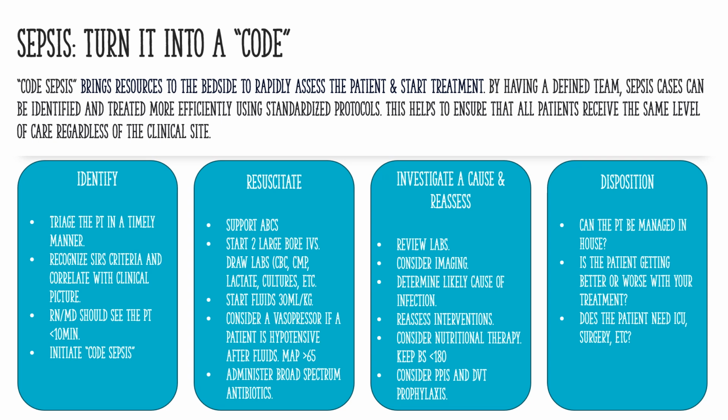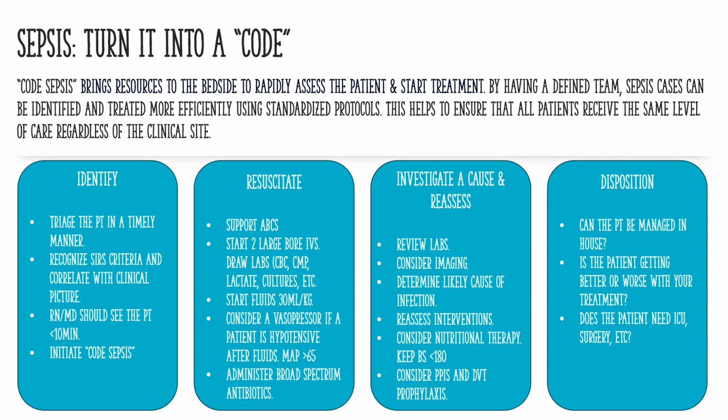Second, you want to start resuscitation efforts. So support those ABCs. Get the patient on some oxygen if they're below 90%. Support their oxygen if they're hypoxic. Consider intubation. Consider a central line. And then what other lines do you need? Do you need an NG or an OG or a urinary catheter or something?